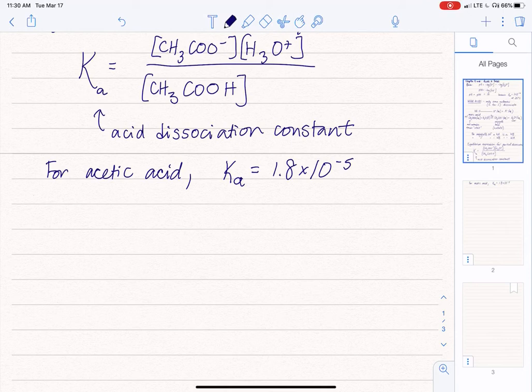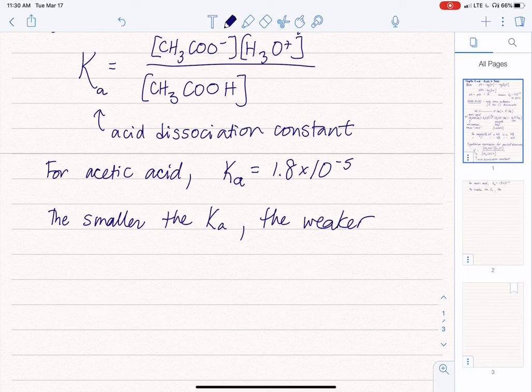That gives you an idea of the fact that at equilibrium, there are way more of the reactant molecule than there are of the product molecules. Okay, that's why this number is so much less than 1. Such a small number. So we can, of course, use that Ka to judge the strength of the acid. And the smaller the Ka, the weaker the acid is going to be.